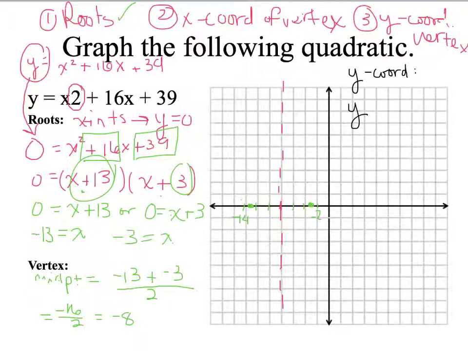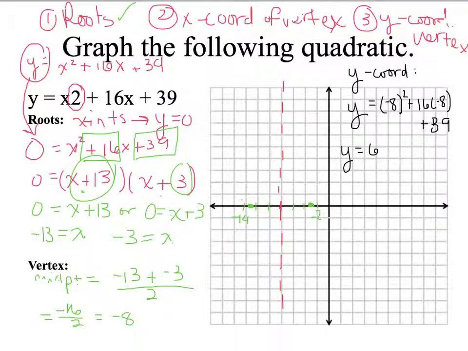So we don't know what y is, we're looking for that, but we do know that x is negative 8 if we want the vertex, because that's on the axis of symmetry.